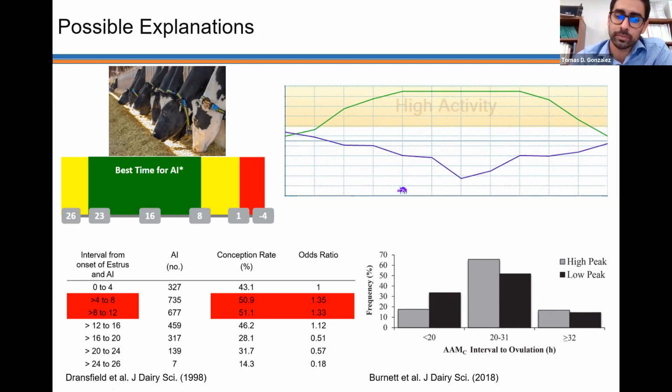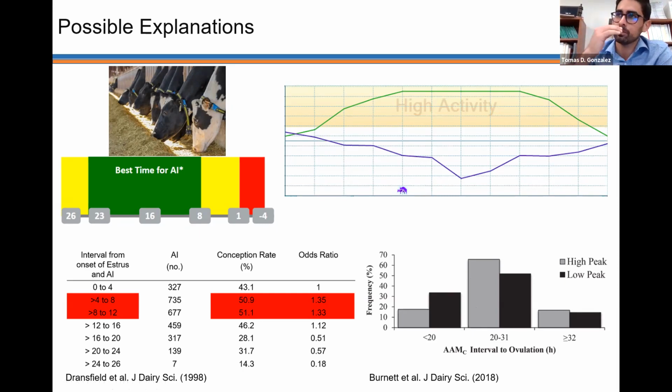Twenty years later, Burnett, in the Journal of Dairy Science, using the same system we use for our trial, used it to see when is the time for ovulation, not the time for breeding the cows. But she saw that once the cows start heat, we'll be in this area, most of the cows are going to have ovulation around 20 hours or 30 hours. She divided here the high peak or low peak.